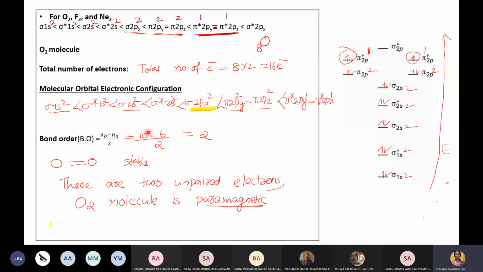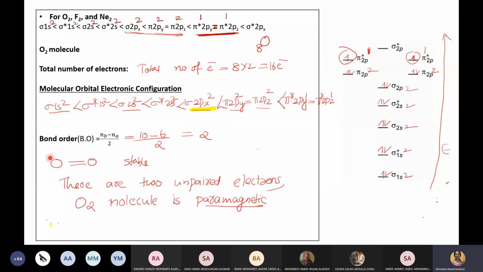I hope everyone can see the slide. How many anti-bonding electrons are there? With stars, there are 6: 2, 4, 6.